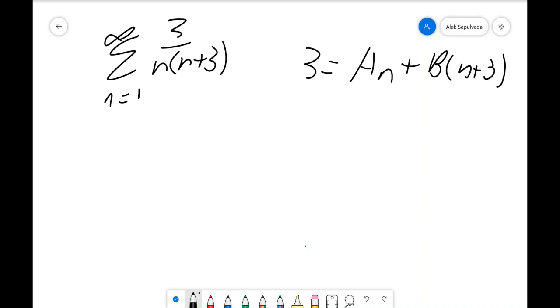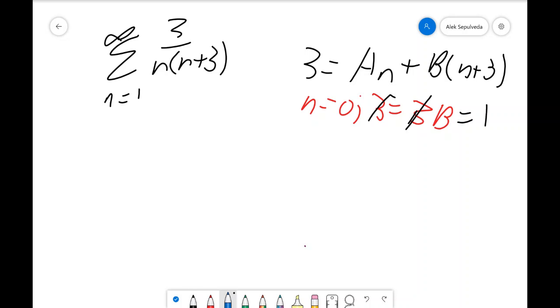When n equals 0, we end up seeing 3 equals 3b. Dividing both out, b equals 1.